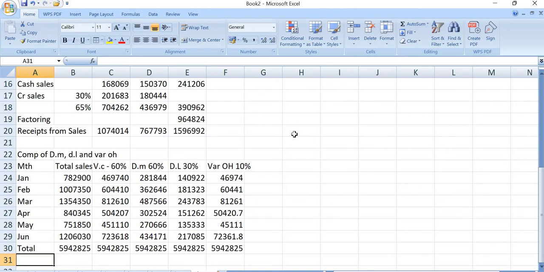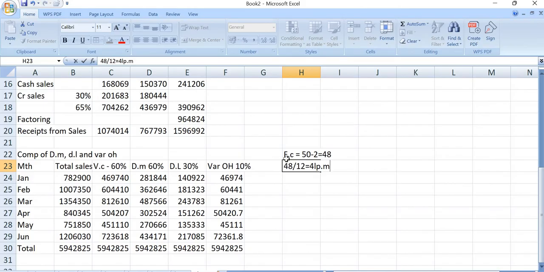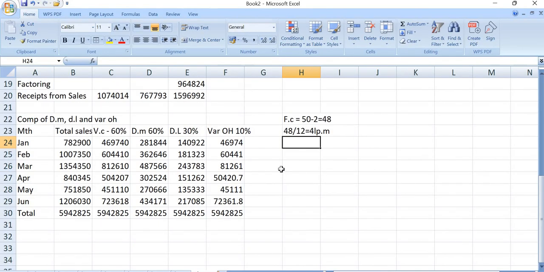So into 0.1. So this is my total. So we have already calculated fixed cost. That is 50 minus 2 depreciation. So 48. So 48 divided by 12. That means 4 lakhs per month. So we have calculated this one also.